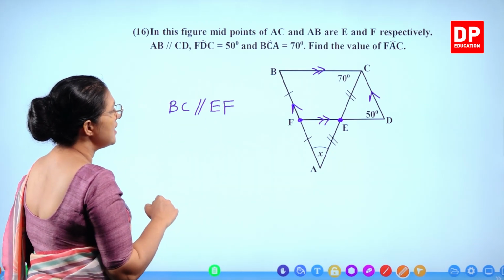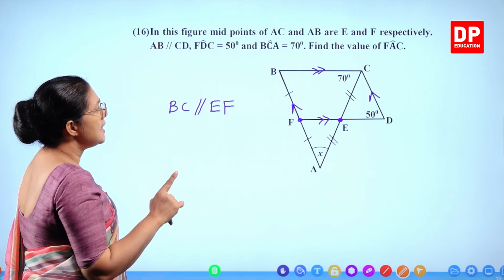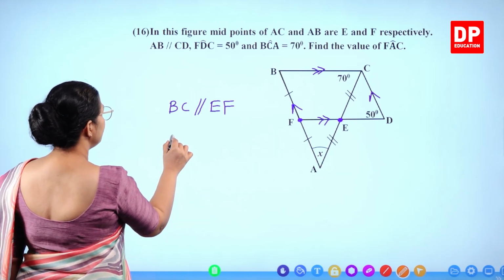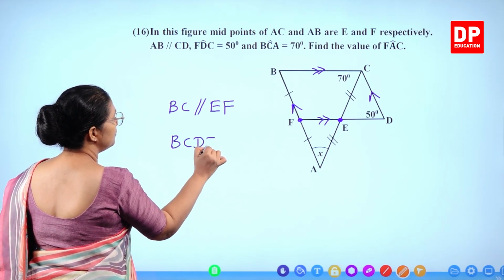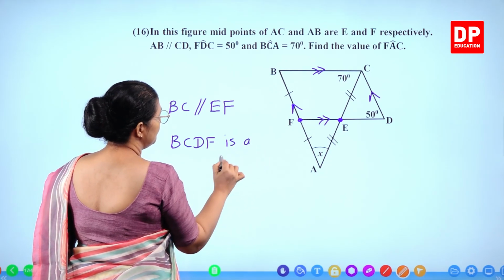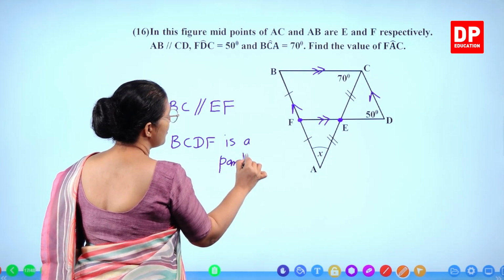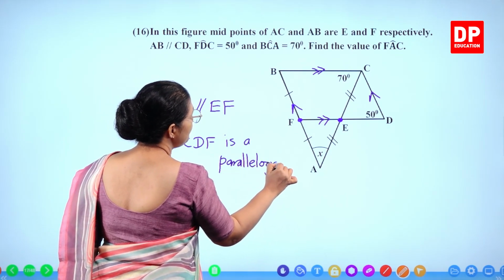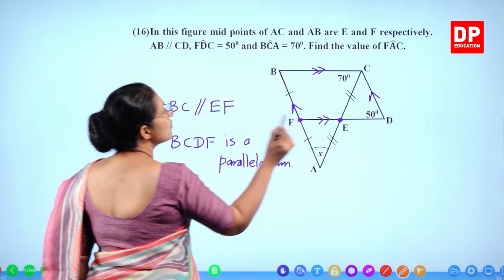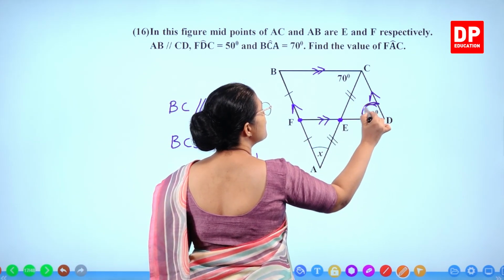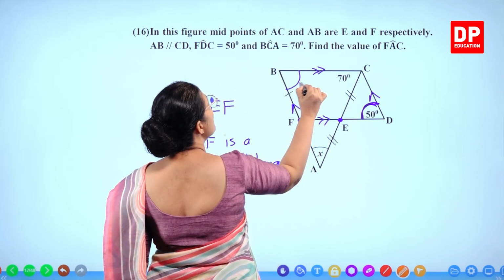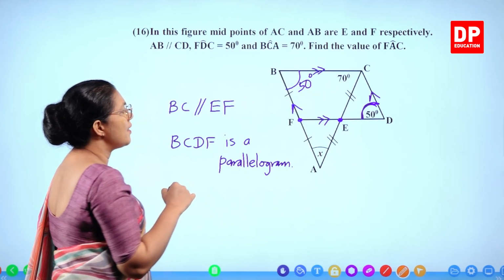So we know that BCDF is a parallelogram. So that means if this is 50, this is 50. Opposite angles are equal in a parallelogram.